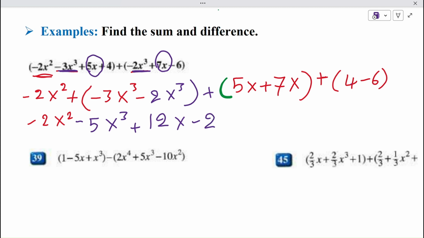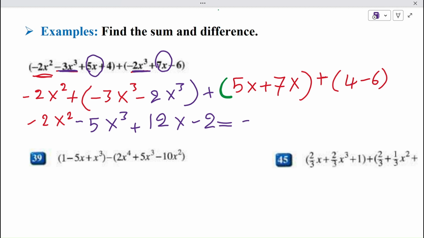Here is our polynomial, but this is not in the general form. In the general form, you have to order it based on the exponents. It means write first the term with the highest exponent, highest degree. The highest degree of this polynomial is 3.